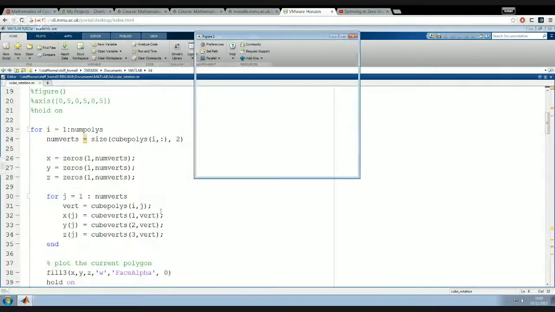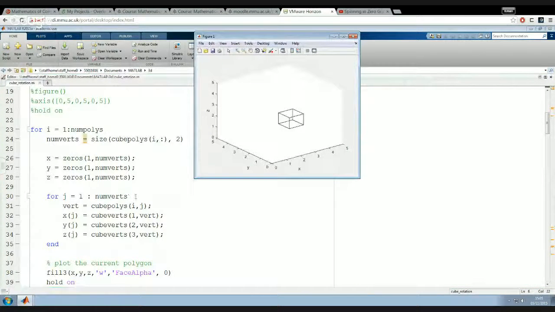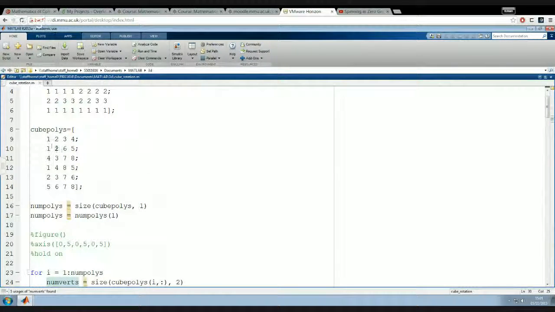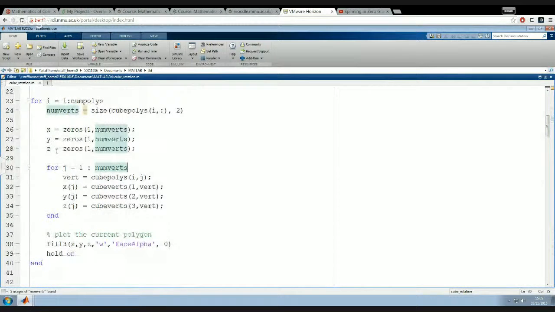We won't look at this in detail, but basically I have a loop here from i equals 1 to the number of polygons. So this goes through the 6 faces of the cube. It sucks out the coordinates of the vertices, and this fill3 command, x, y, z, plots a polygon. So this fill3 command gets executed 6 times, and this plots the 6 faces of the cube.